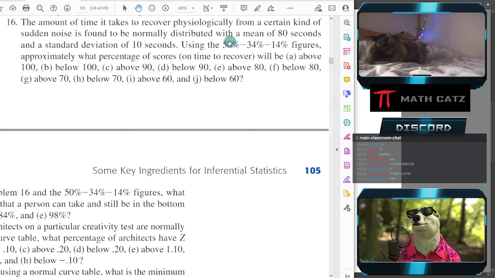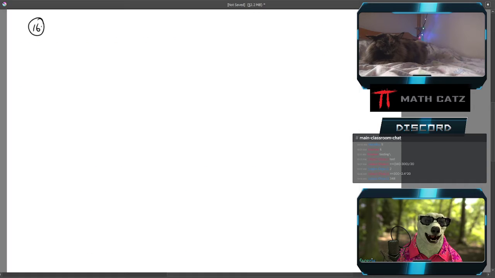I'm going to do them with our rough estimates, and just for the sake of practice, I know the question doesn't ask for that specifically, I'm also going to do it as exact as we can using our specific tables. So let's just remind ourselves here, the mean is 80, standard deviation is 10. And remember what this 50, 34, 14 rule means.